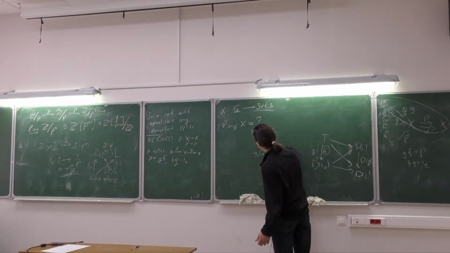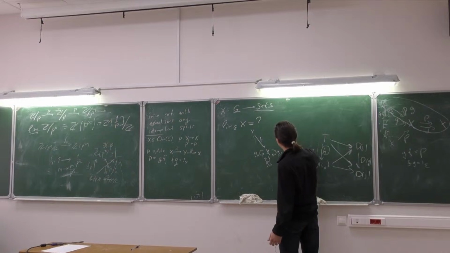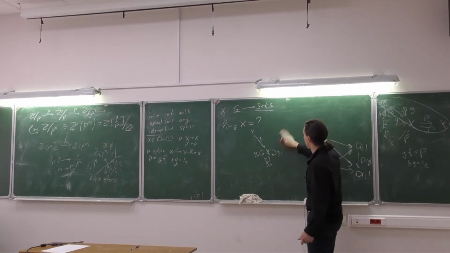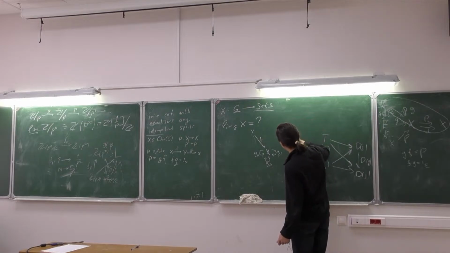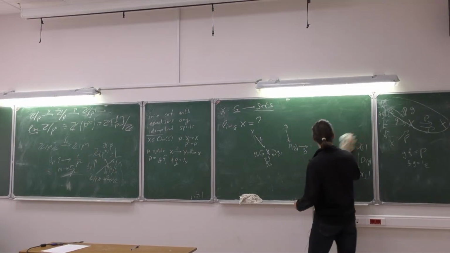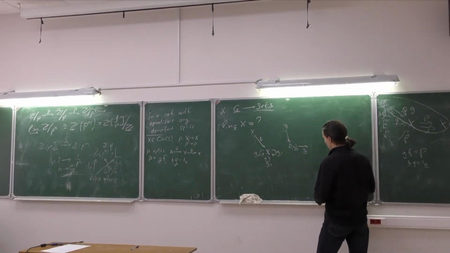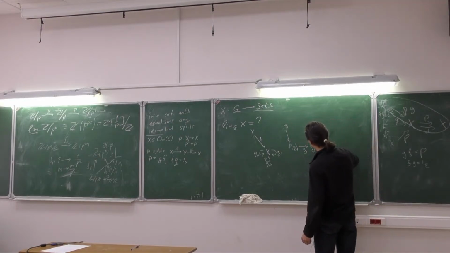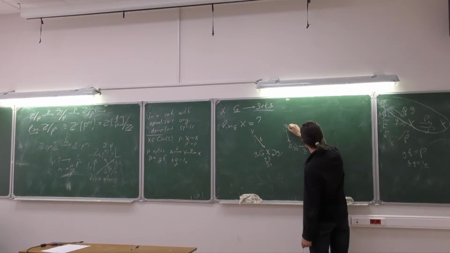Let me call this map F. We have Y goes to F at Y, but here we can apply the action of G to get G F at Y. And here we again have the same map F.